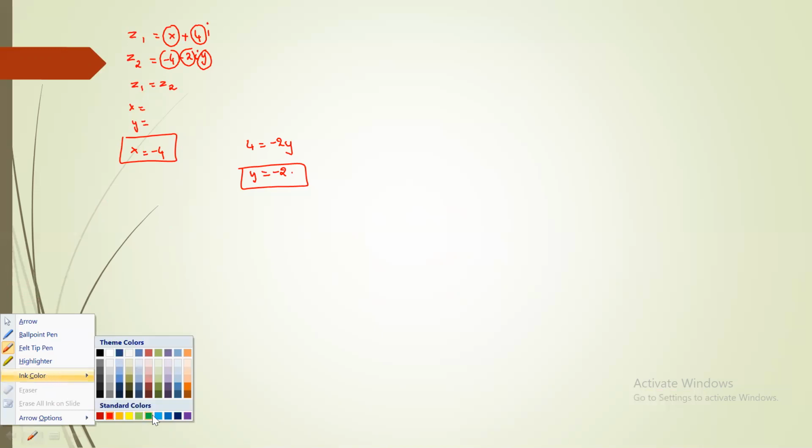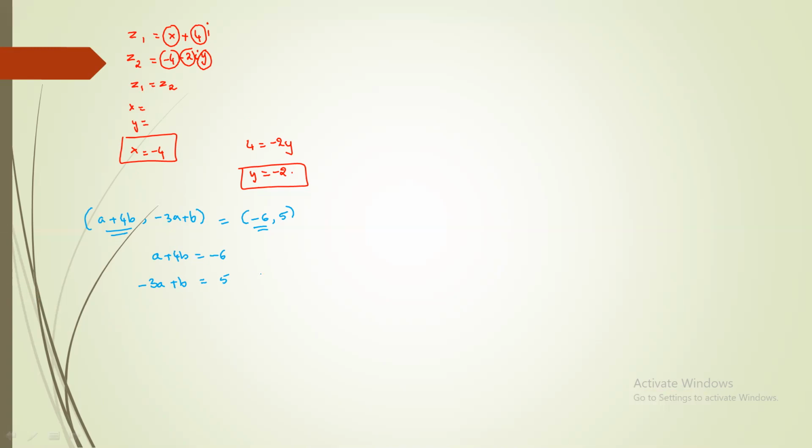Similarly, another example: I have x comma y, a complex number in this form, which is equal to again x comma y in the ordered pair form. Then I can make the x coordinates equal and then the y coordinates equal. I can solve these equations simultaneously.